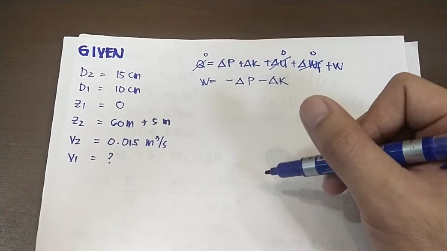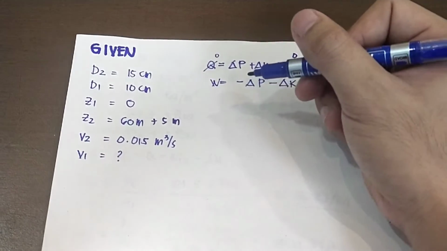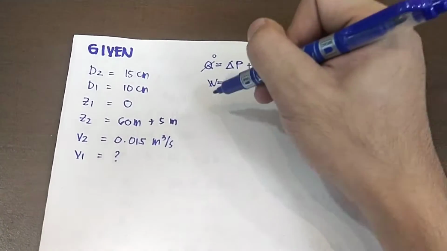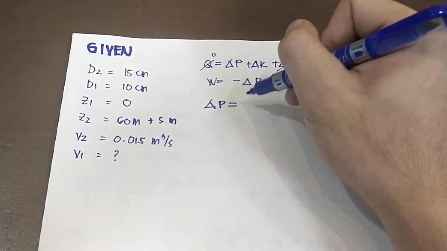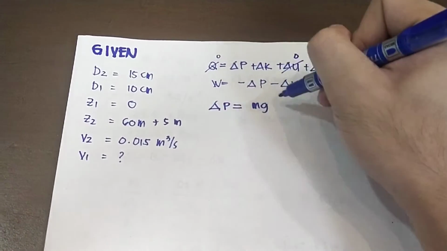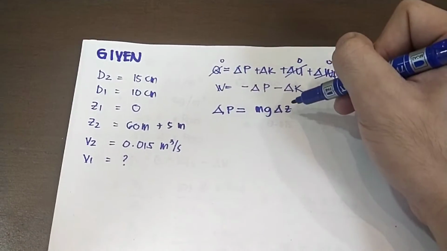And to find the change of potential energy, it is equal to mg times the change of our height, or z.